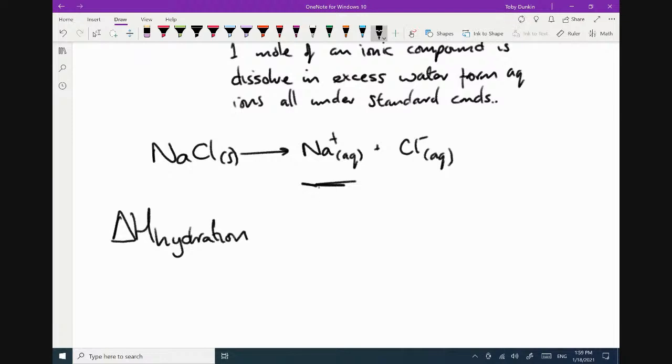It tends to be written just delta H, HYD. So hydrations have got a little bit of extra detail compared to the solution one.